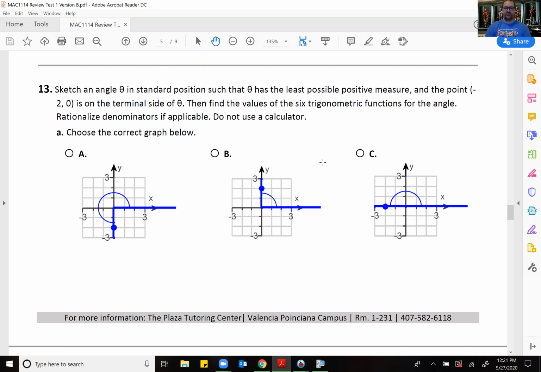Tangent is your y over your x. So that is 0 over -2, which is 0. All these guys are going to be the reciprocals. So the reciprocal of 0, we talked about that, undefined. The reciprocal of -1 is still -1. And the reciprocal of 0, again, undefined.